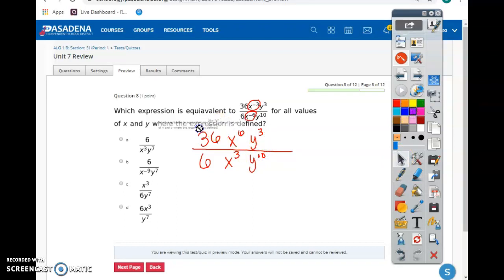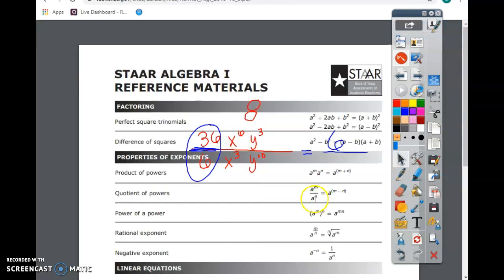Okay, so these two are going to divide. 36 divided by 6. What do you get? 6. Okay? And then these two, let's look at our formula chart. What do you do when it's division?